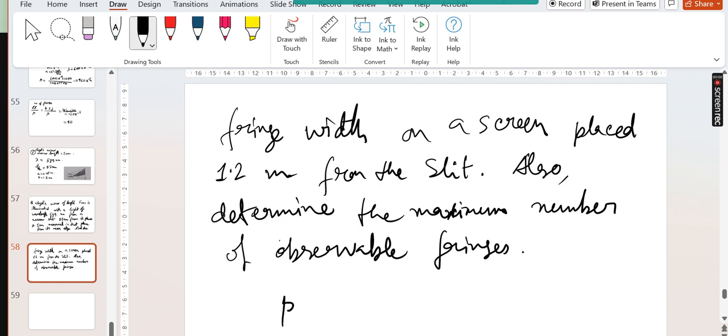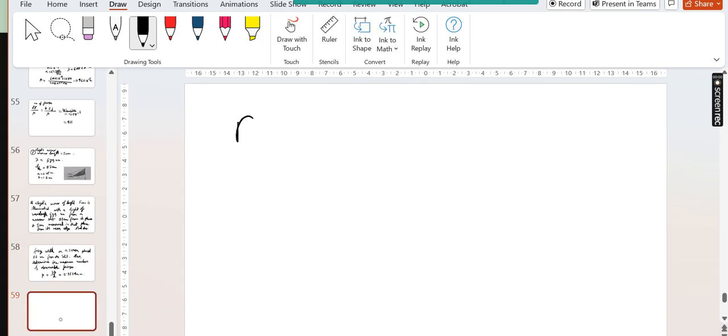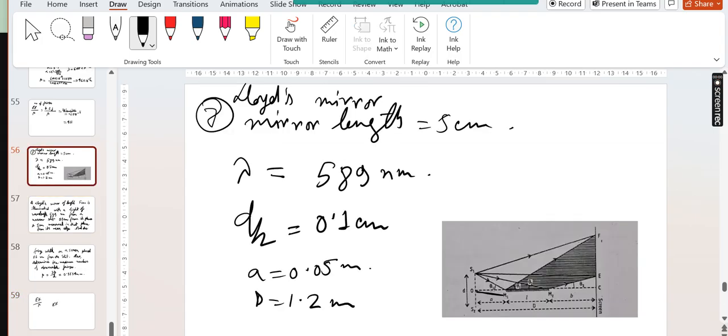So similarly, we need to find the fringe width beta, which is lambda D by small d. Putting the value, we get 3.34 millimeter. Then we need EF by beta. So EF is this distance. We need to find CE, and EF is CF minus CE.